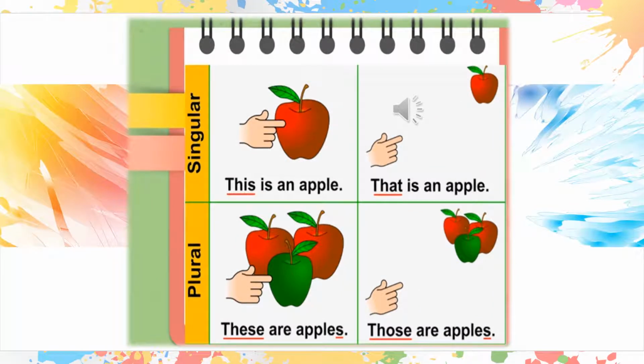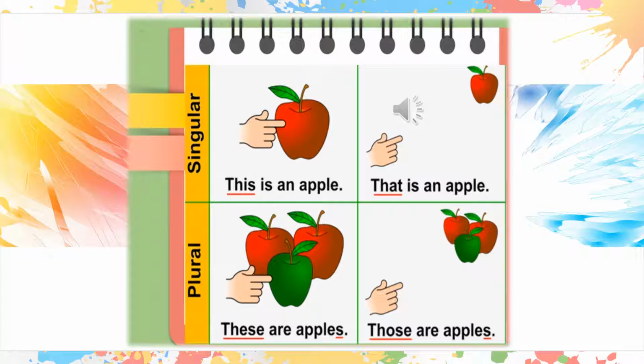Look at the picture carefully. Here we are going to have some examples for the use of this, that, these and those. In the first picture, there is one apple which is very close to the pointing hand.